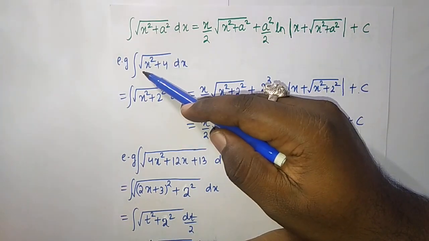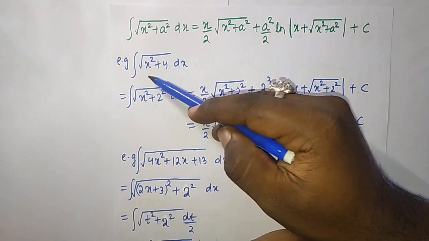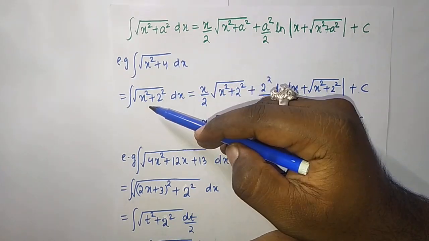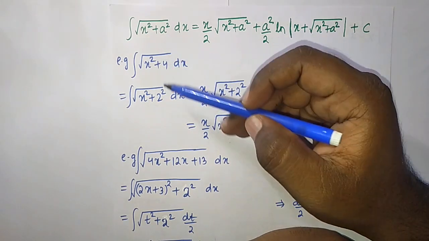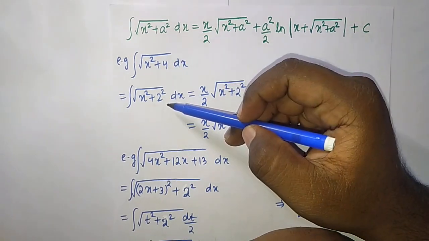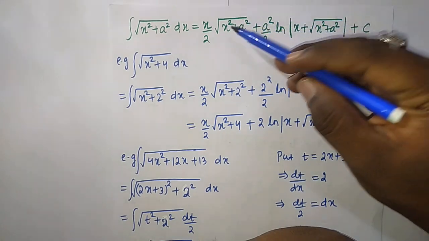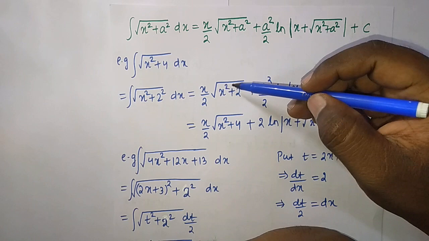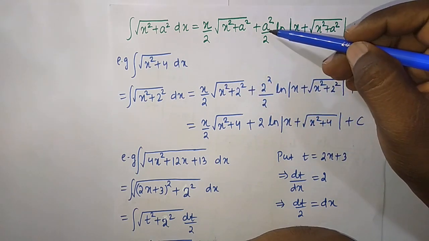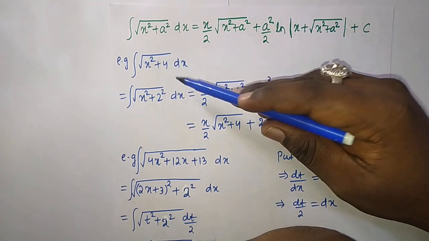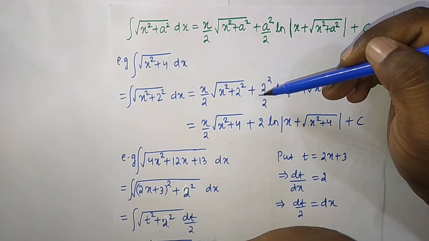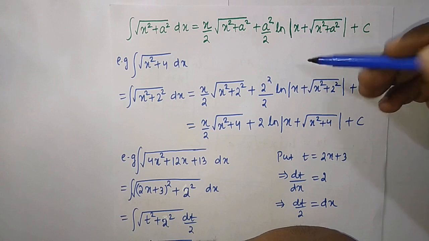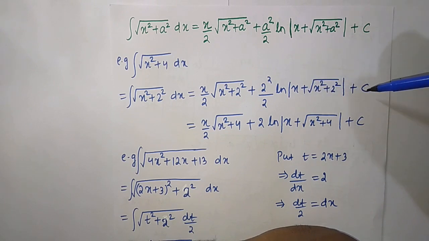Here you can see we have to find the integration of root of x square plus 4. Only 4 means 2 square, so I have written like this. In place of a, here 2 is there, so put it here. x by 2 root of x square plus 2 square, plus a square by 2, so a is 2, so put a equal to 2, so 2 square by 2 ln x plus root of x square plus 2 square plus c.